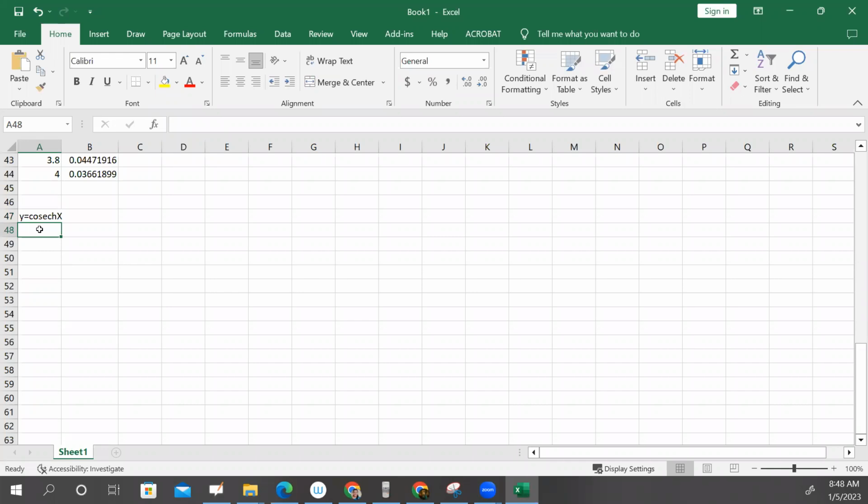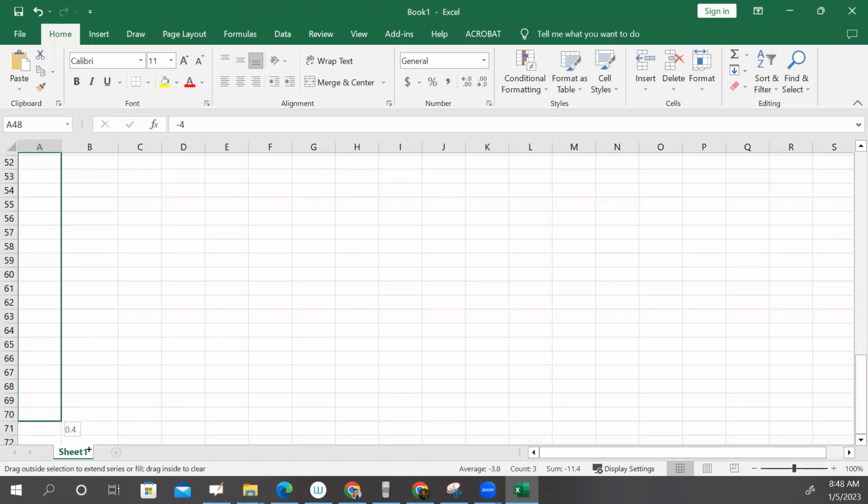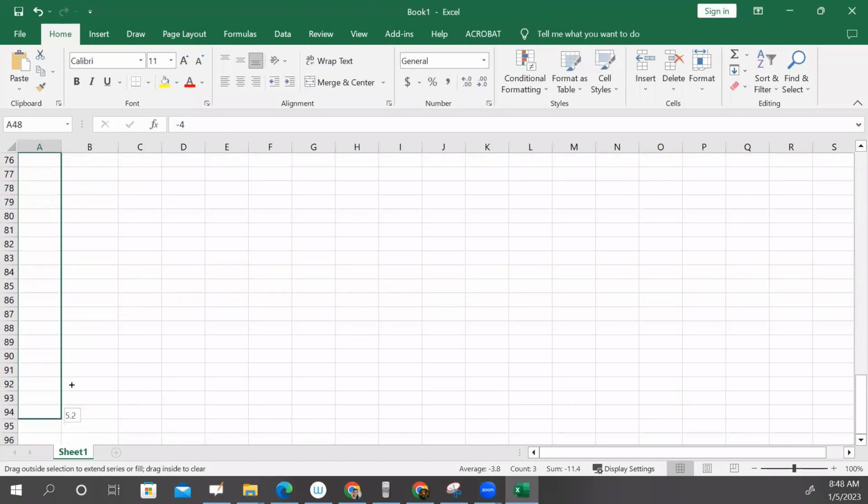Let's give the values. I'll start again from -4. You can give the intervals as you wish, and just pull the values. All right, so these are the x values. Now let's give the y values.